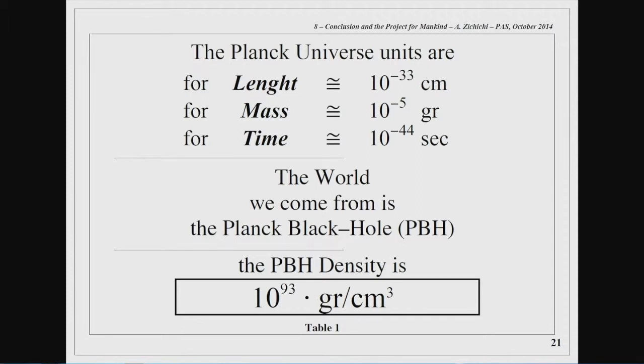The fundamental mass is 10 to the minus 5 grams. In terms of energy, this corresponds to 10 to the 19 billion electron volts, while our energy now around in the world is a few electron volts. We could not live in a hotter universe. And the time, which is the most fantastic of all, 10 to the minus 44 seconds. This is the time that it takes for Big Bang 1.